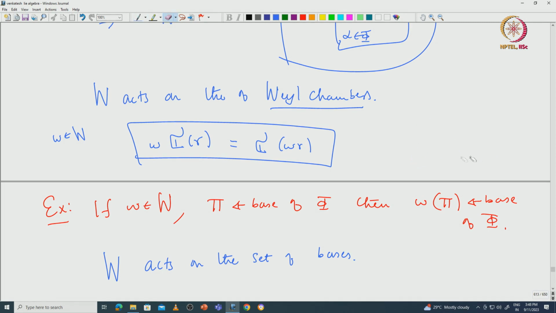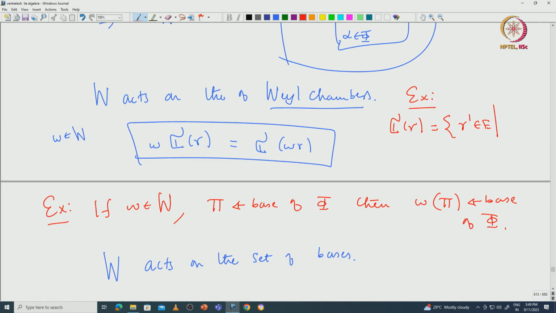This is something I will leave for you to check. Here is the exercise: C(gamma) also has another way of being expressed. You collect those gamma dash inside E such that gamma and gamma dash both lie on the same side of each hyperplane P_alpha, for all alpha in phi.